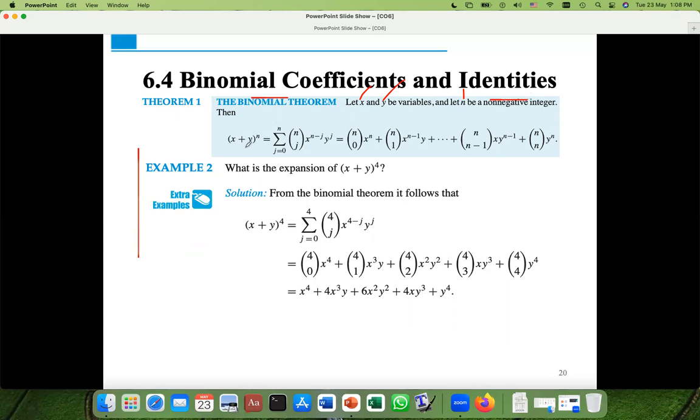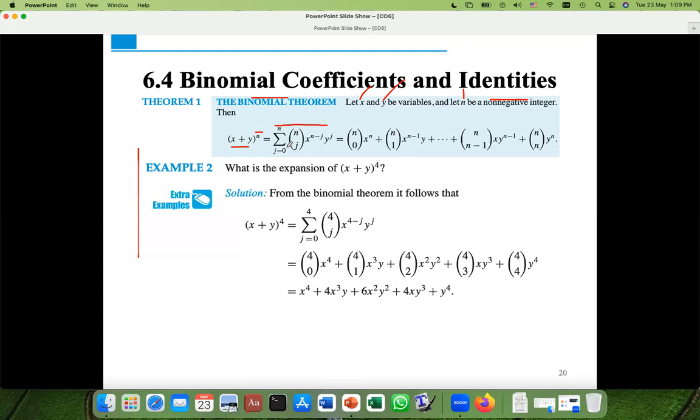And this is the form of that binomial theorem, that you will have that x and y adding up with each other, and then you have the power of those variables like that. If you have that thing, the left hand side, then you can open that left hand side to this right hand side in a summation form.